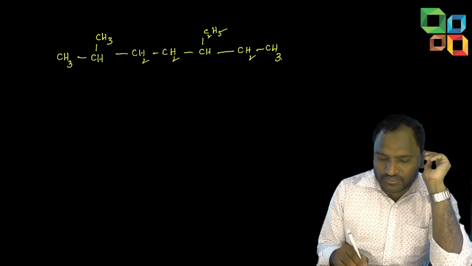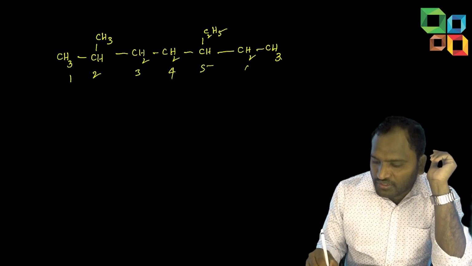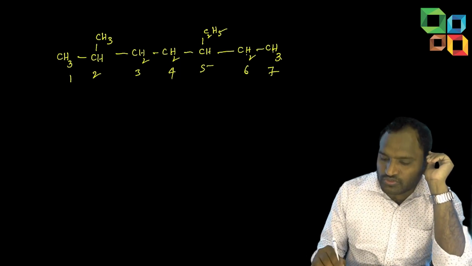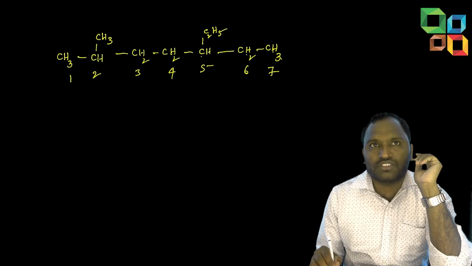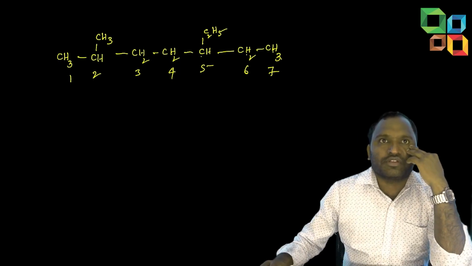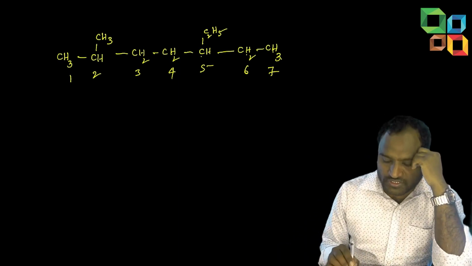Left to right only, because 1, 2, 3, 4, 5, 6, 7. If you give numbering from this side, you are getting 1, 2, 3 for this substituent. So this side only is considered.